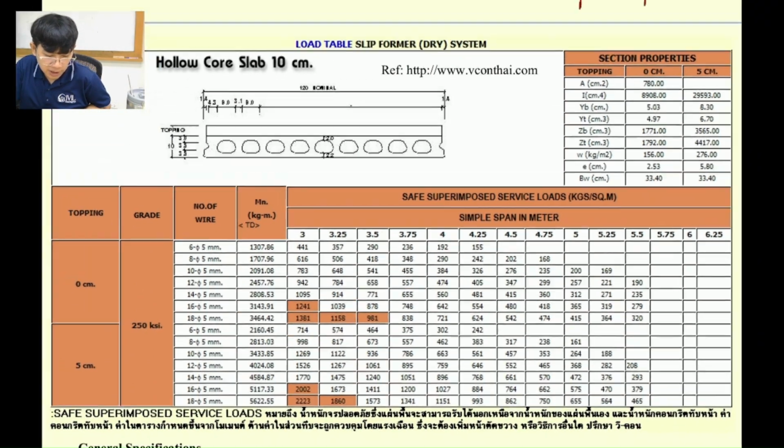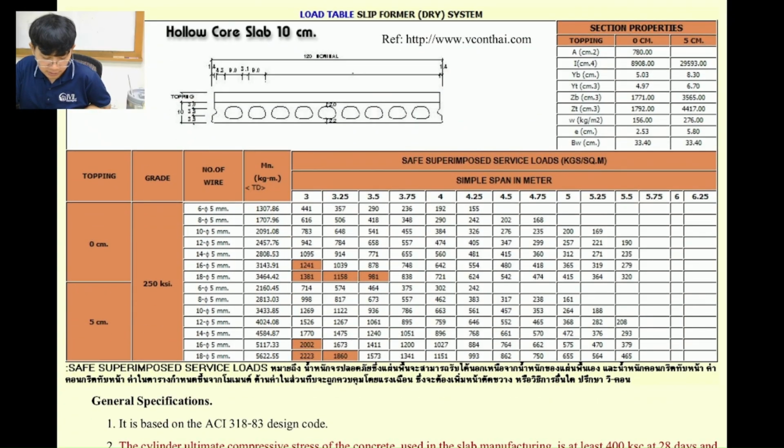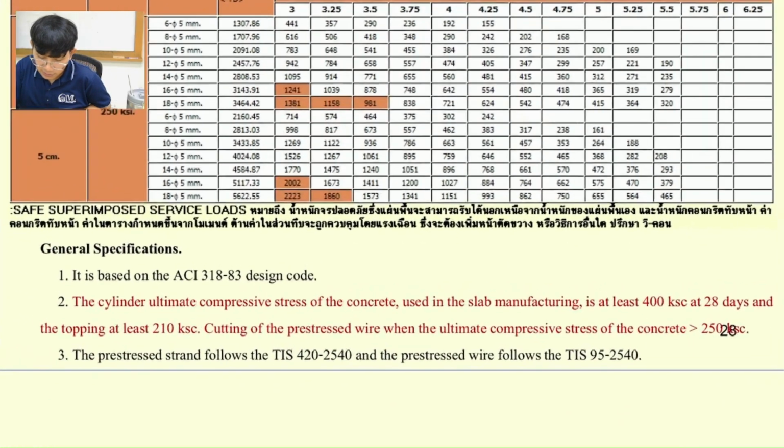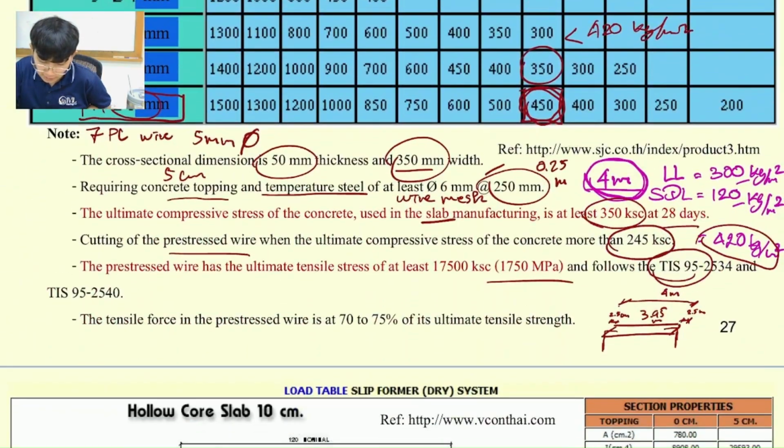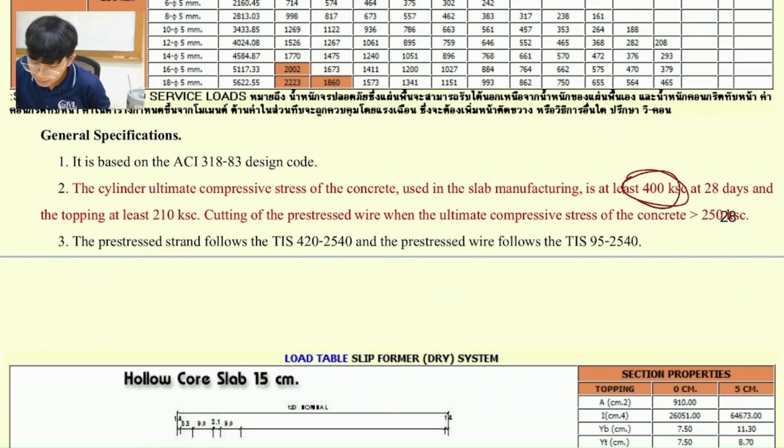Okay, the next one is going to be the hollow core. Similarly, the difference is just the strength over here. For example, this one is the plank, or we just call it the solid one. It requires only 350, but this one requires 400 KSC. And for the topping, they also specify the strength at 210.